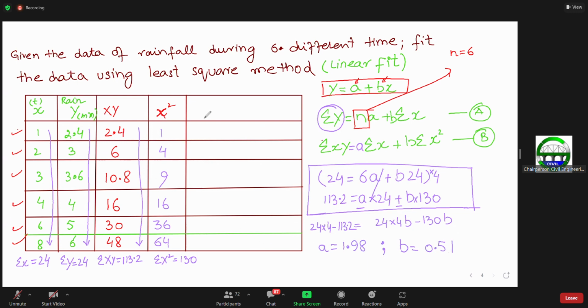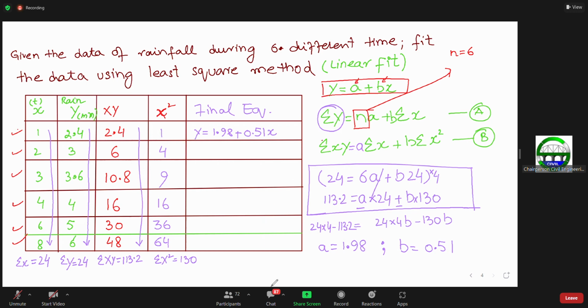So now your final equation will be y is equals to 1.98 plus 0.51x, right? It will be like this one.